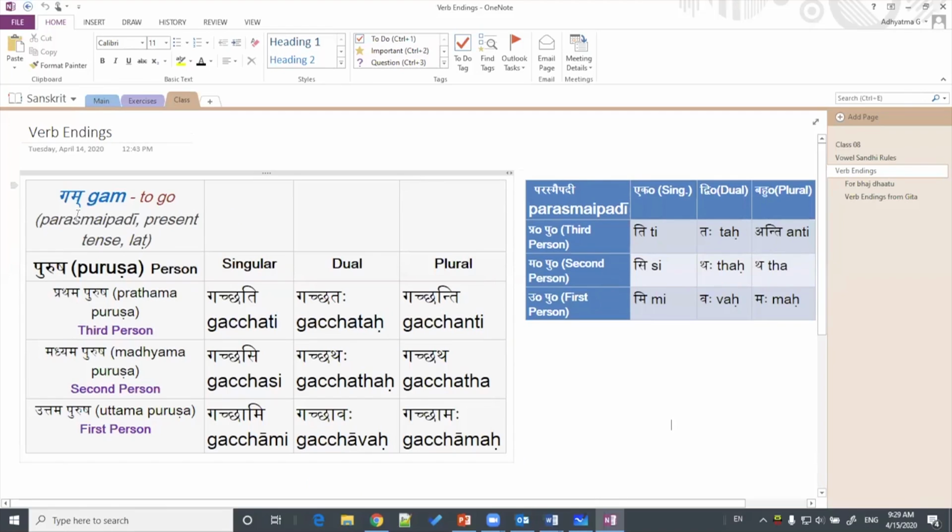It's a parasmaipadi type of ending. It's a present tense, and lat is another name for present tense. We'll see that later. But it's a parasmaipadi dhatu, parasmaipadi root. Gachati, when I say it, you understand based upon the ending that it's Parasmaipadi and it's third person singular.